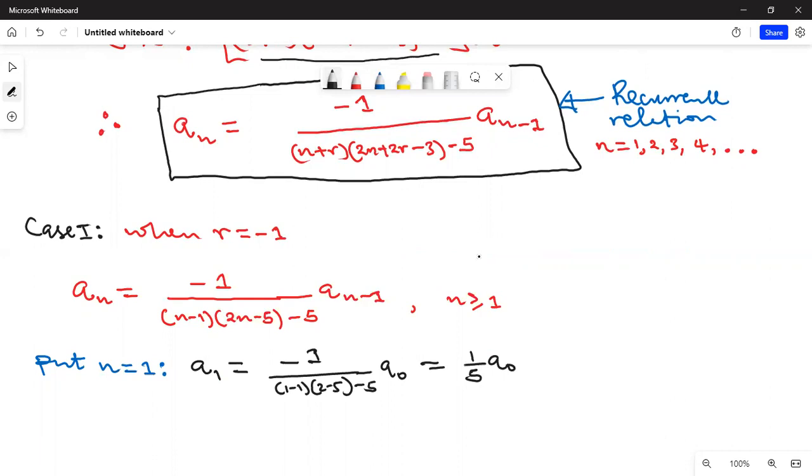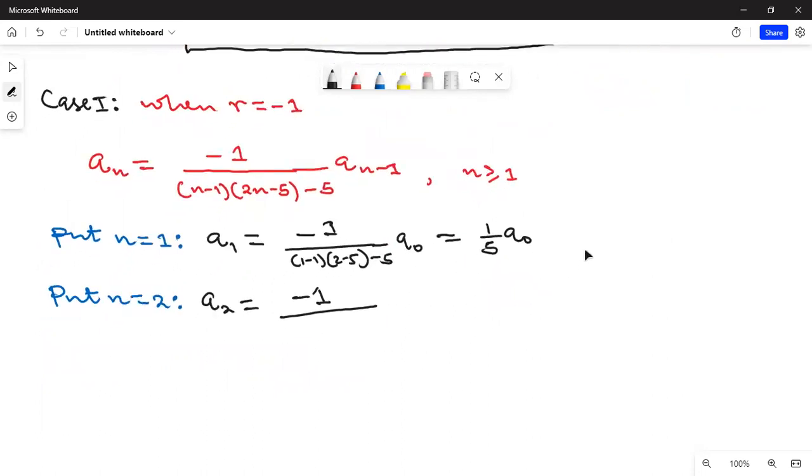What about when n is equals to 2? What are we going to get? So you write here, put n is equals to 2. We are going to get a2 is equals to -1 divided by, let me take this up.